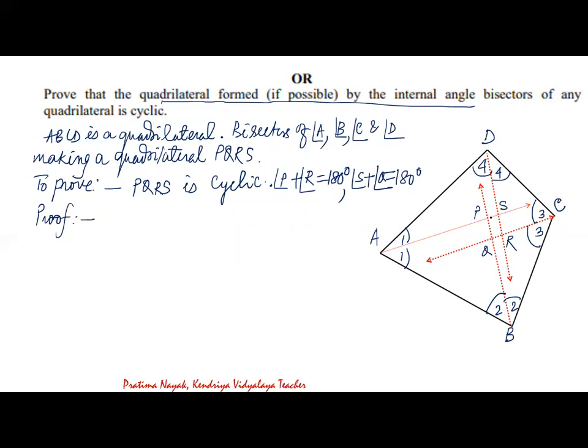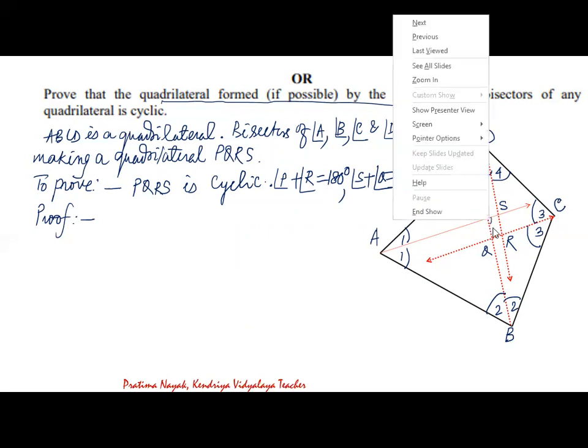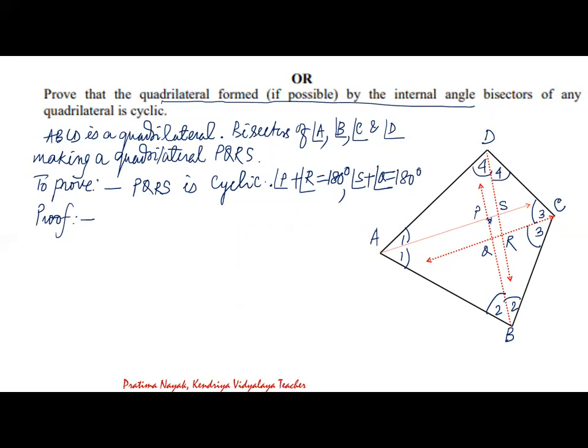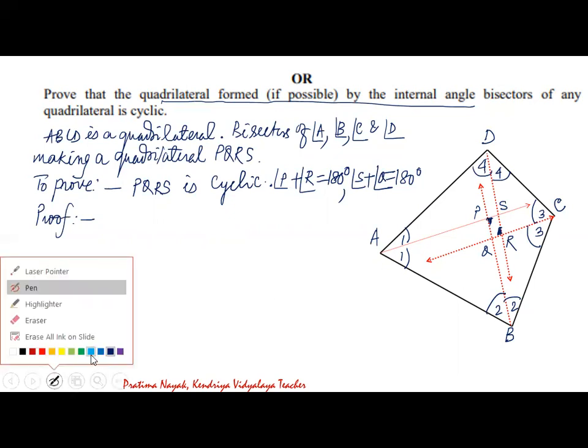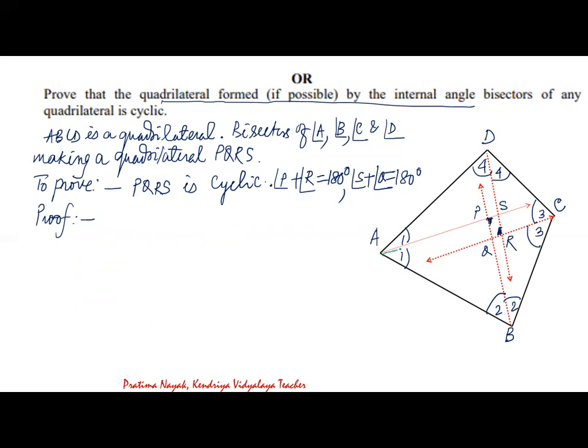My target is to prove angle P plus angle R is equal to 180 degrees. See, angle P is an exterior angle of triangle APB. Can you see? APB. I am drawing with green.